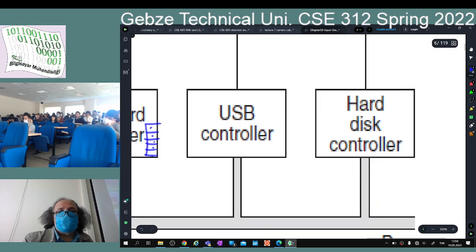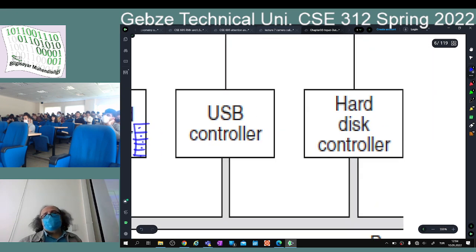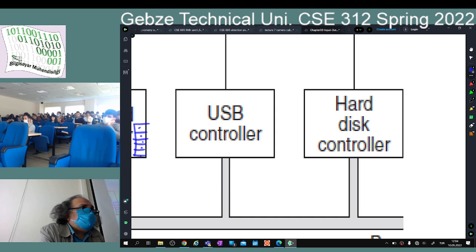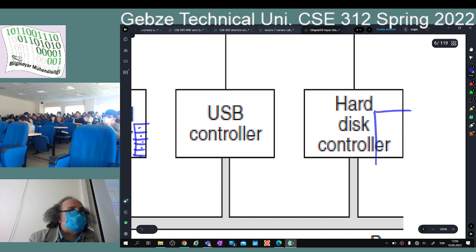But for the hard disk controller, sometimes you need gigabytes of cache space between your hard disk and the system. So there is a very large buffer in there. As I said, hard disk controllers are usually very complicated.